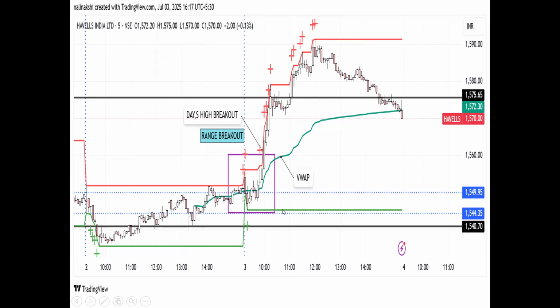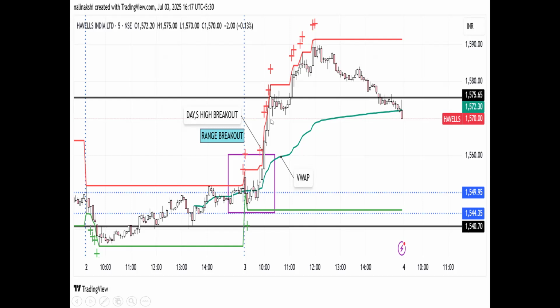There was no new low plotted down, and the market broke above this initial high, the range breakout. And also here you can see the VWAP. VWAP is aligning with this price behavior and you can enter into the trade comfortably.